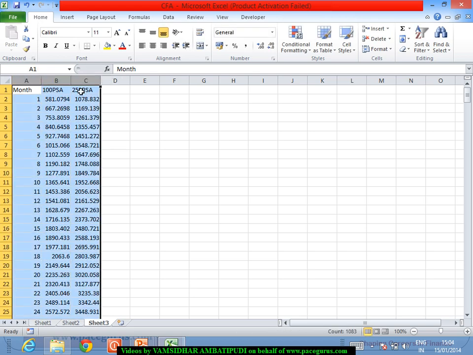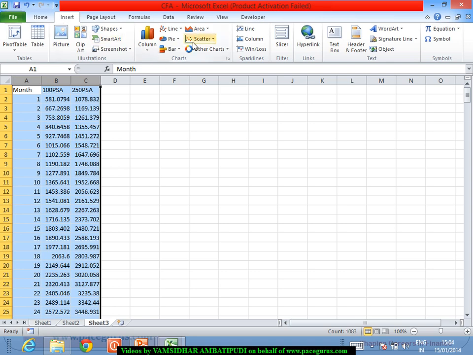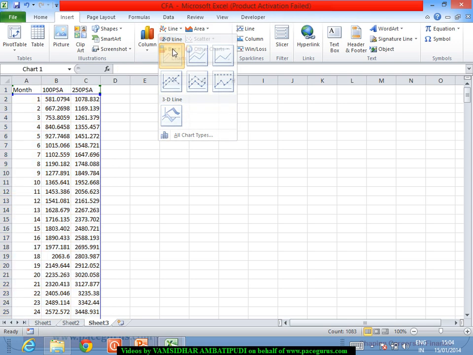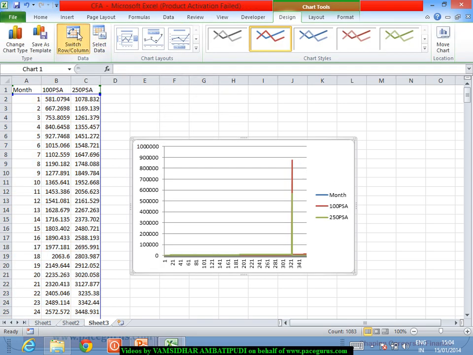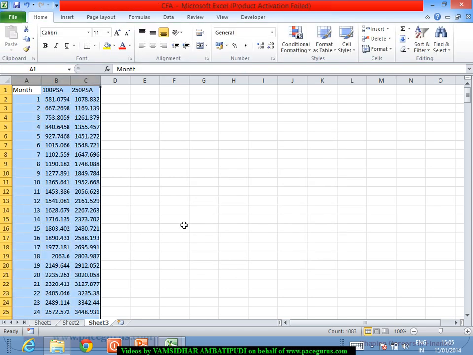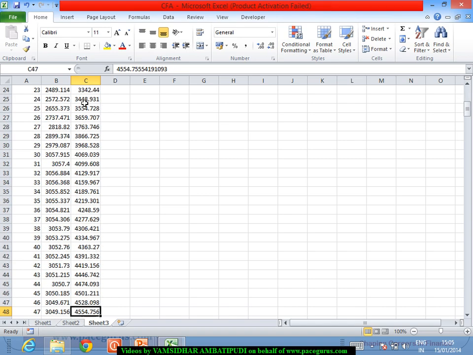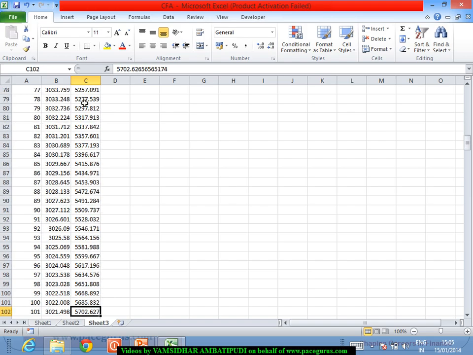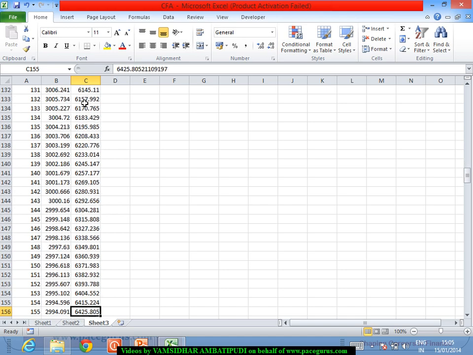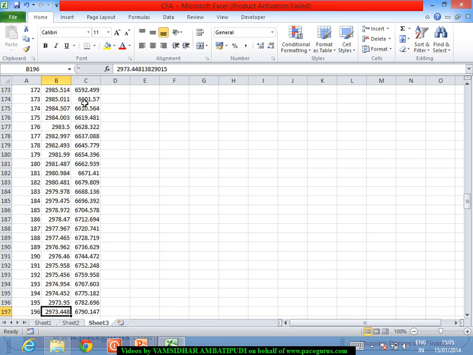Now when I am trying to plot a small graph, what is understood from this typical graph is, as we see initially the 250 PSA values are higher, but after a certain point, probably after a few months, I am taking the lower of the two and I am assuring the prepayment.